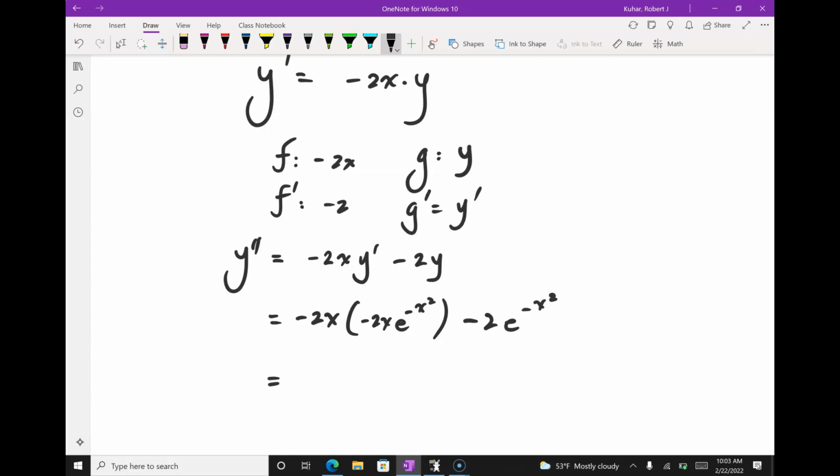So I clearly can take out a 2. I can take out an e to the minus x squared from the first term, right? From the first term, what's left over? Yep, 2x squared. And from the second term, what's left over? Negative 1.